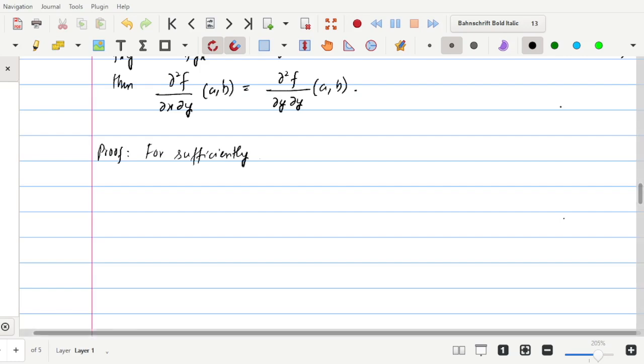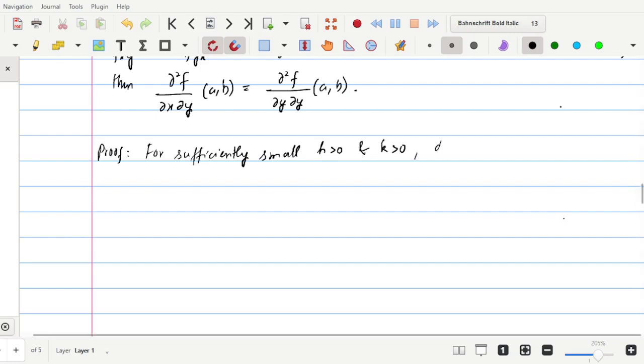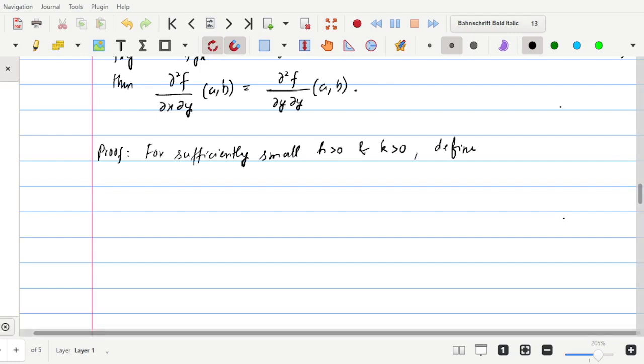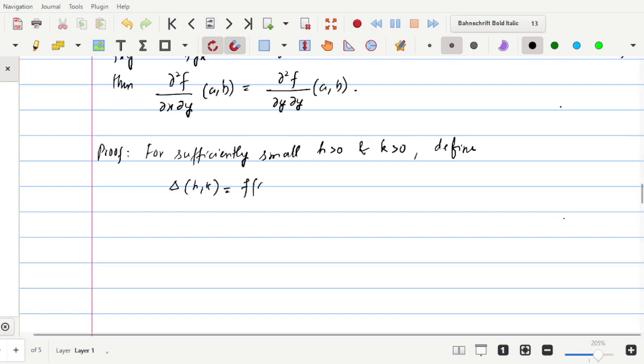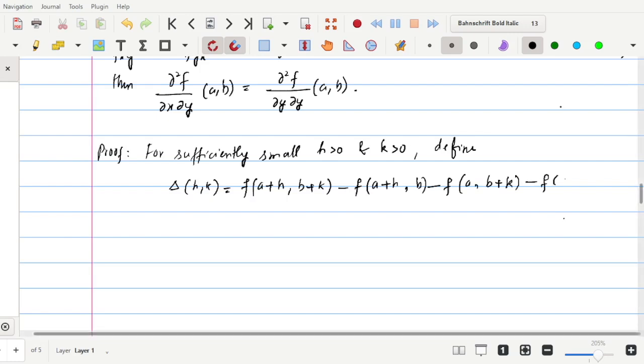For sufficiently small positive h and k, we have chosen the real numbers h and k as infinitesimals. We define a quantity denoted by Δ(h,k), defined in terms of the function f in this way: f(a+h, b+k) minus f(a+h, b) minus f(a, b+k) plus f(a,b).